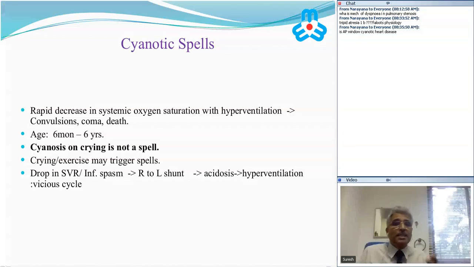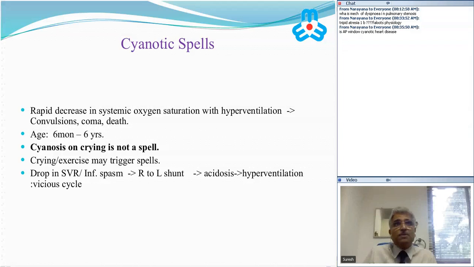Why should a child with tetralogy of Fallot develop a cyanotic spell? The right ventricle in this pathology has two outlets. It can eject across the infundibulum, which is obstructed, into the pulmonary artery, or it can eject across a large VSD into an overriding aorta.